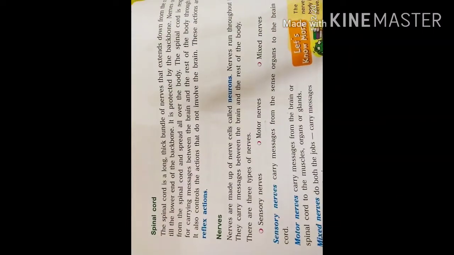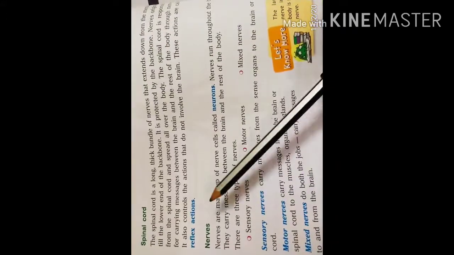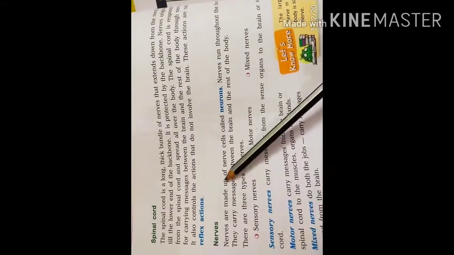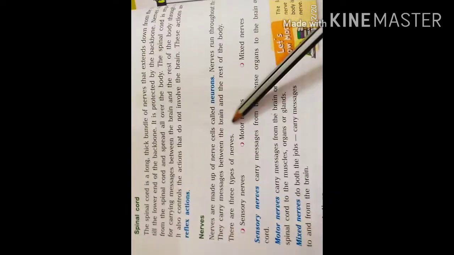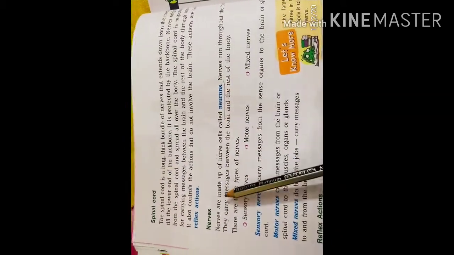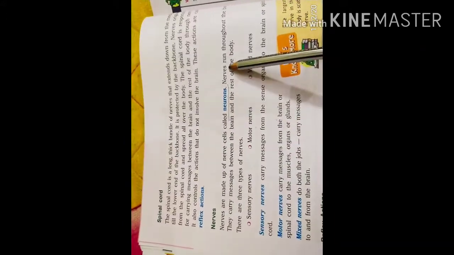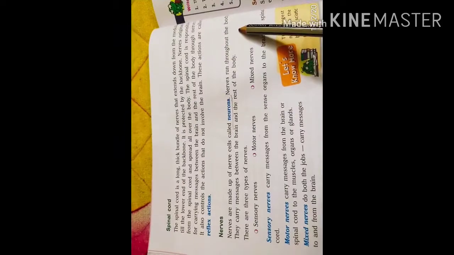What is the spinal cord? It is a long thick bundle of nerves. Then, nerves are made up of nerve cells. Please underline the first line. Nerves are made up of nerve cells called neurons. Nerves run throughout the body.